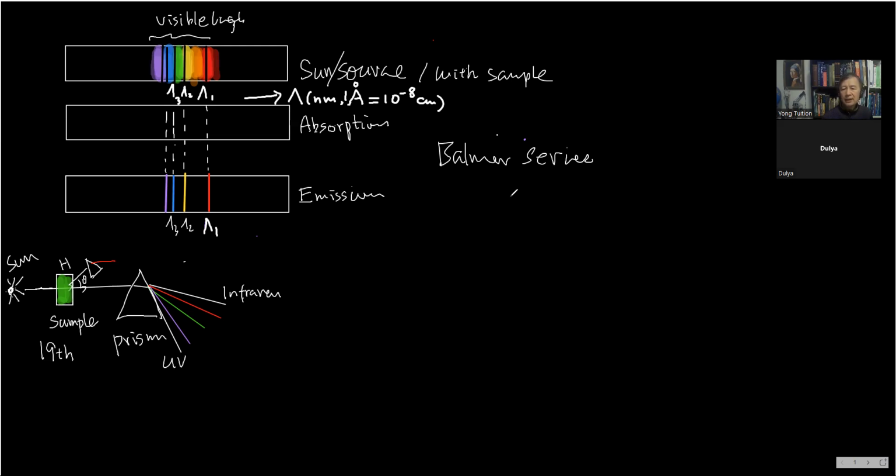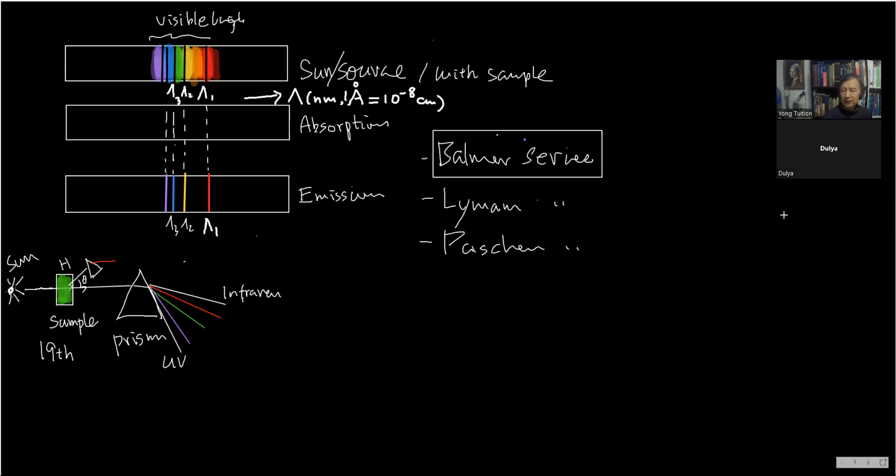Among others, there is the Lyman series, and the Paschen series, and so on. The Lyman and Paschen series start off outside the visible light. So in most textbooks, we talk about the Balmer series.